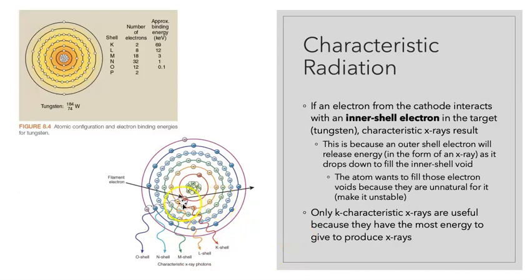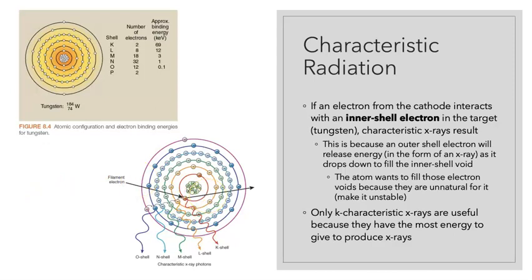The X-rays come from when the outer shell electrons drop in to fill vacancies, the vacancy left by this K-shell interaction. They release energy, electromagnetic energy in the form of X-rays, to help this atom regain stability.